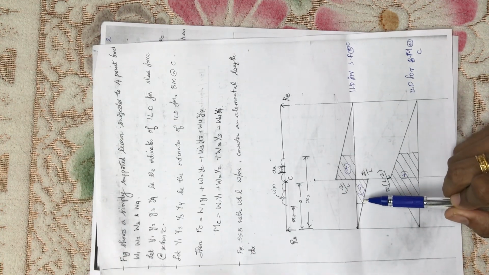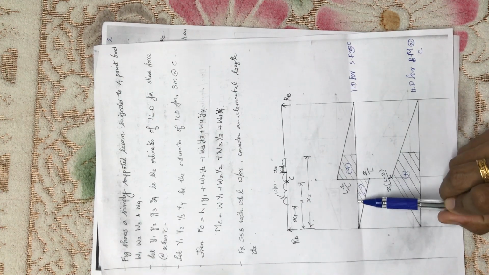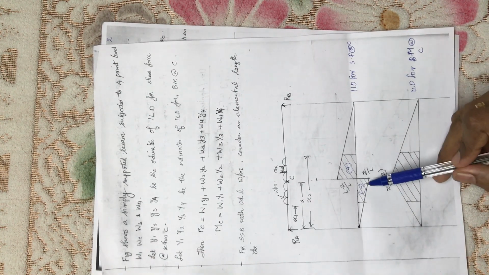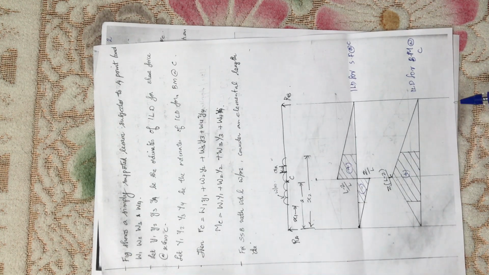So a and b are the parallel sides and h is the lengthwise side. So half into h into a plus b will give the area of this shaded portion. Similarly, find out the areas of these portions. Okay, so this is a method to find out the shear force and bending moment value for a UDL loading. Thank you.